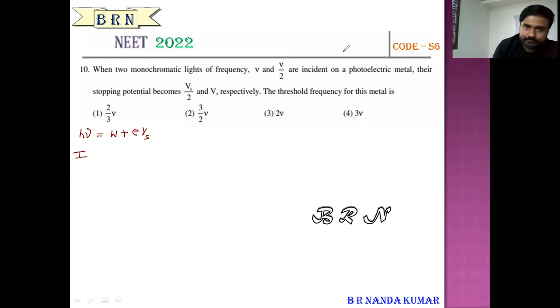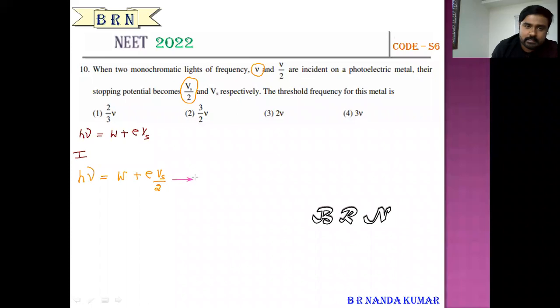Okay, no problem, let us take it as nu. So in the first case the frequency is nu, and we keep the work function as it is, plus eVs by 2, because the corresponding stopping potential given is Vs by 2. Right? Understand, this is very simple.